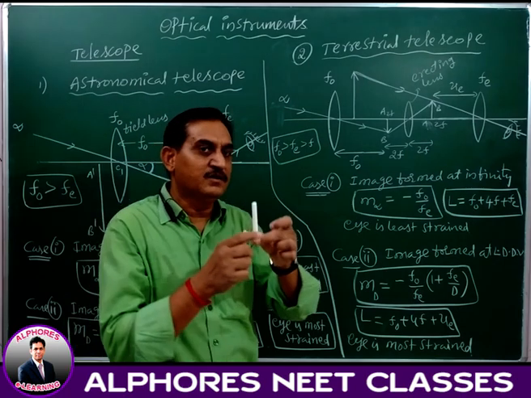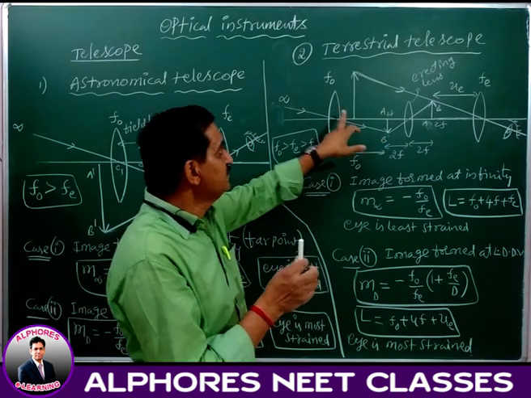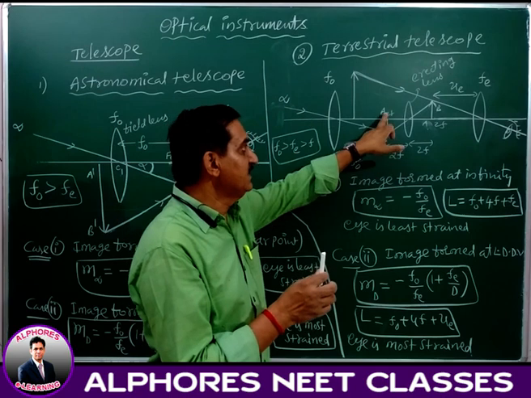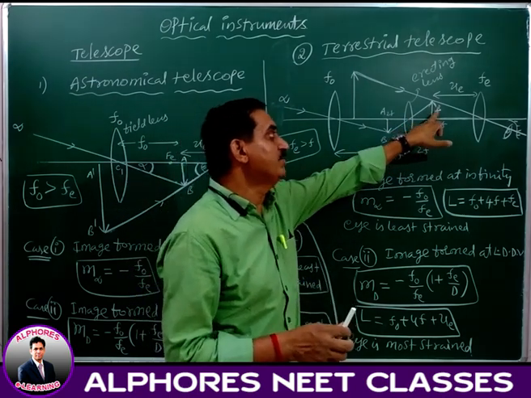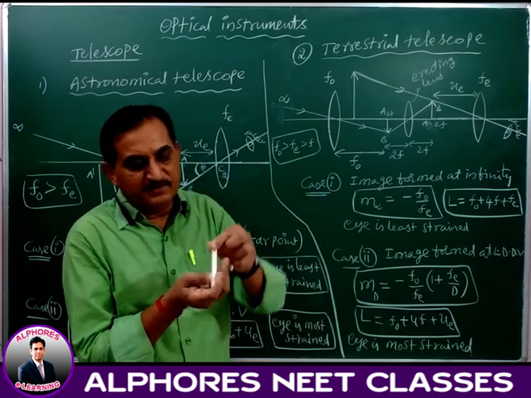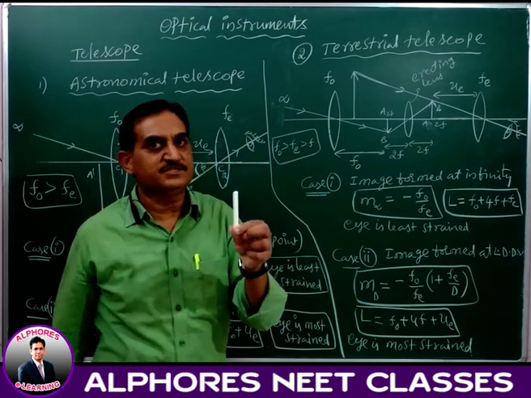That is possible whenever the image formed by the field lens is exactly at 2f of the erecting lens and its corresponding image is formed at 2f, so the inverted image will be erected.